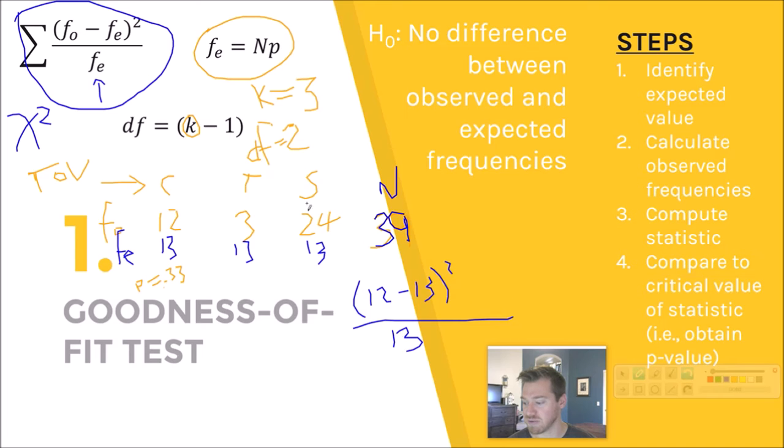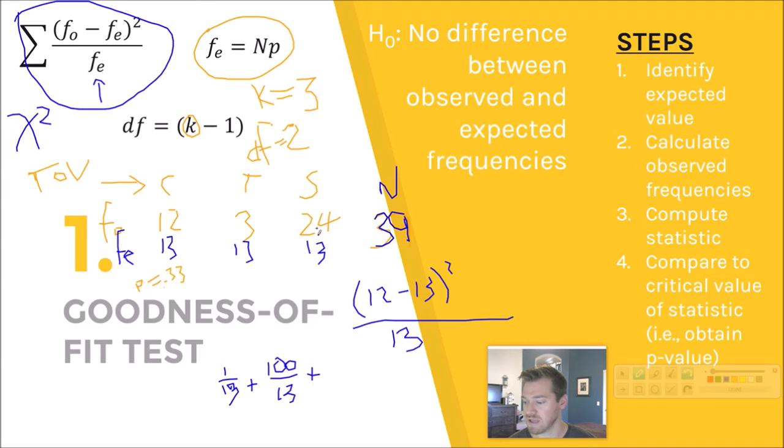So we've got this one, we're going to do this one. So I'm going to just abbreviate here now. So what we would have here is -1 squared, which is 1. So we have 1/13. Everybody see that for car? So we've got 1/13 plus, then this next one we would have what? Observed 3 minus 13, 10 squared, 100 over 13.